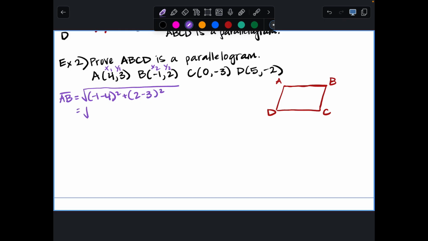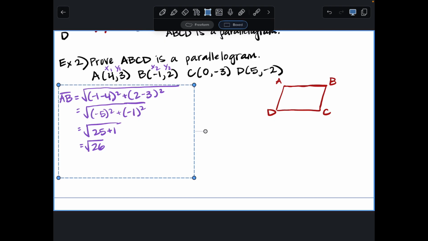So you can put that whole thing in your calculator if you want to. This is going to end up being -5 squared plus -1 squared, which is 25 plus 1. So the distance of AB is the square root of 26. I'm just going to leave it like that. I don't have to convert it to a decimal. I'm just going to leave it as a square root for now.